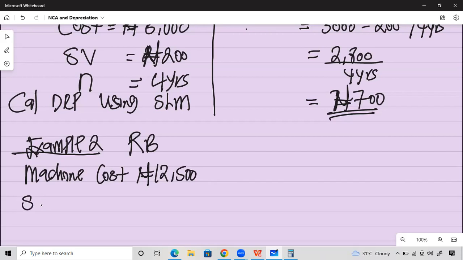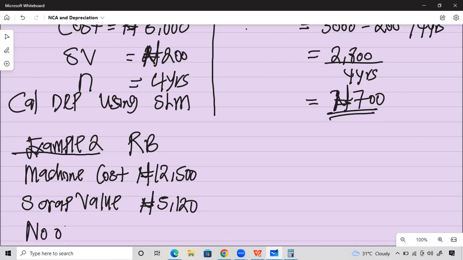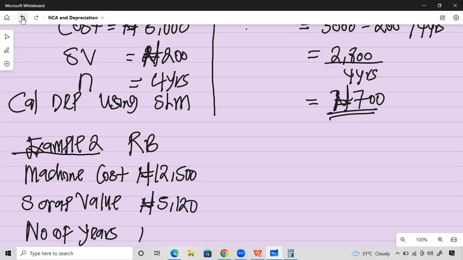The scrap value is, let's say, 5,120. The number of years is still 4 years. So what is the depreciation using the reducing balance method?